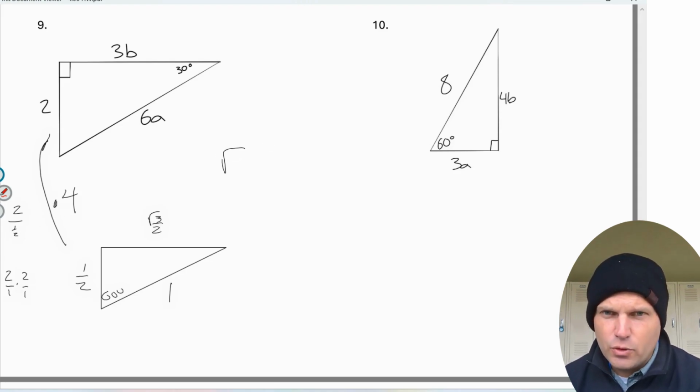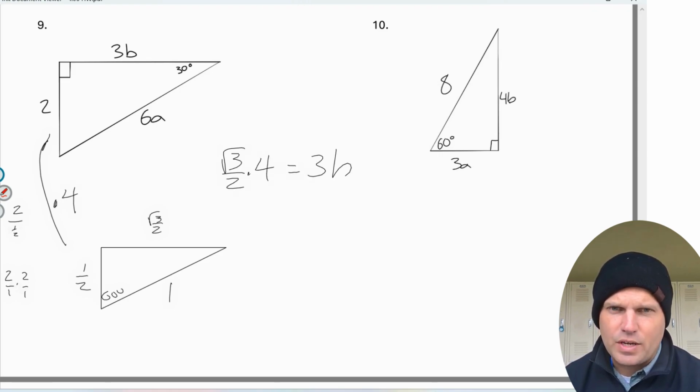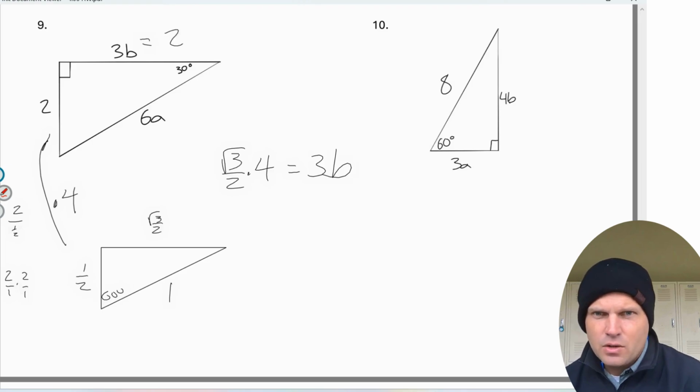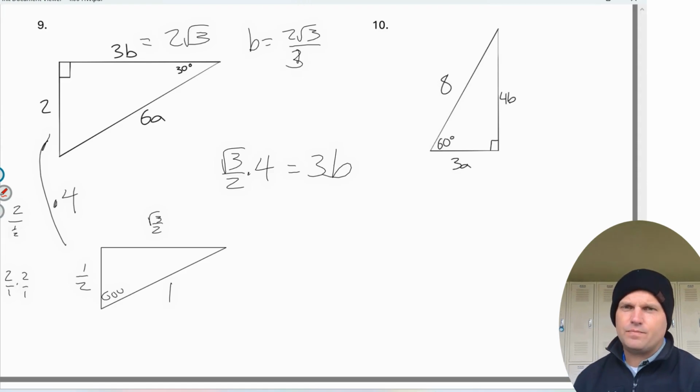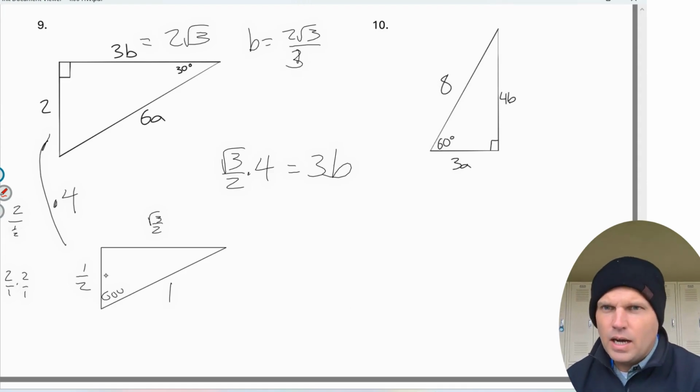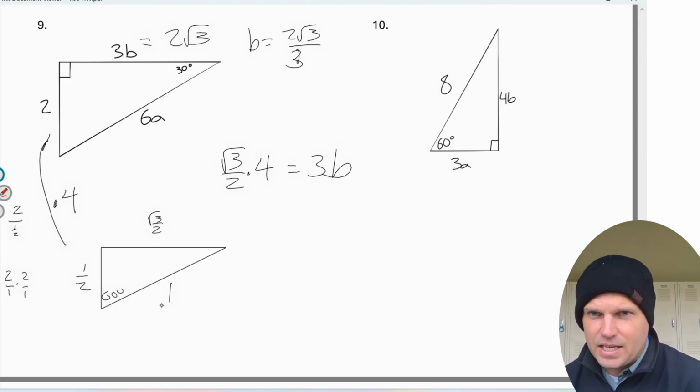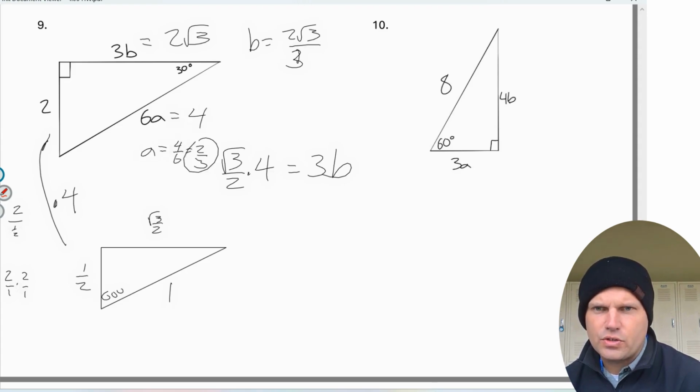Okay, we know that root 3 over 2 times 4 must equal 3b. This side length has to be 2 root 3. I'm going to divide both sides by 3, and I get b is 2 root 3 over 3. This side length has to equal 4. So A has to be 4/6, which is 2/3.